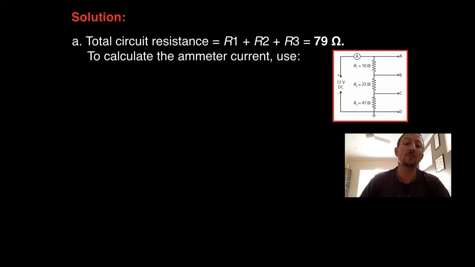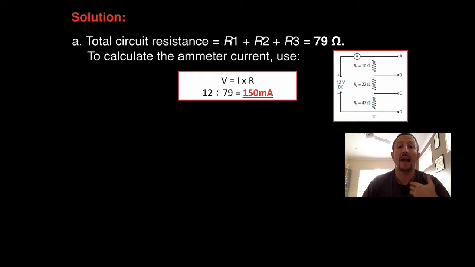We know that our voltage supply is 12 volts, so we use V equals IR, and we get 12 divided by 79, means that we get 150 milliamps flowing through our circuit. Now, this 150 milliamps is going to be useful because there's going to be 150 milliamps flowing through each of our resistors. So we know our resistors and we know our current for each of our resistors because it's always going to be the same.